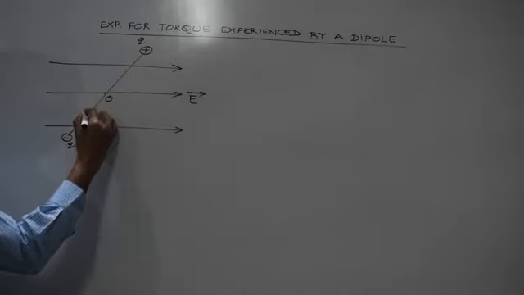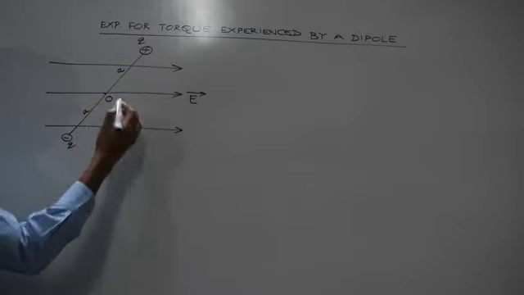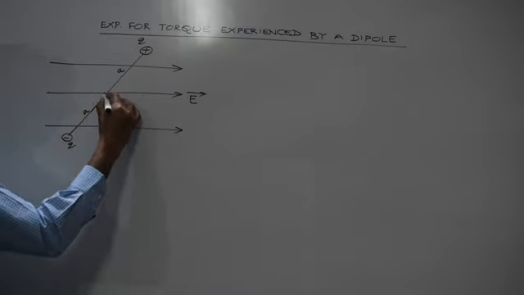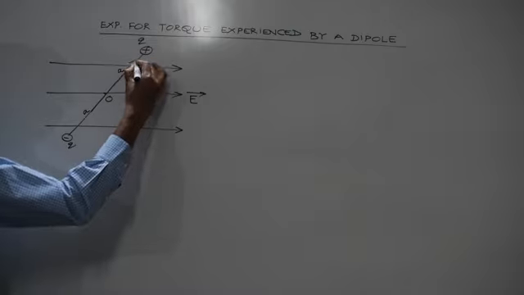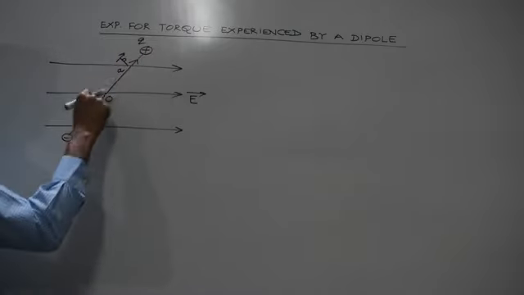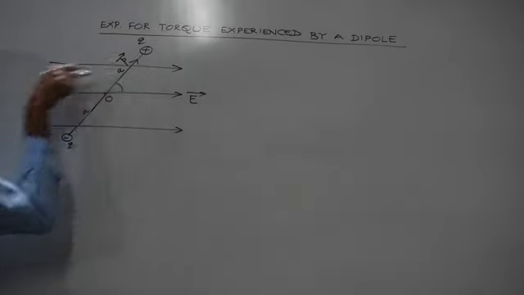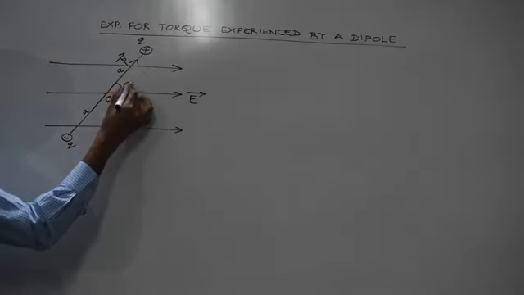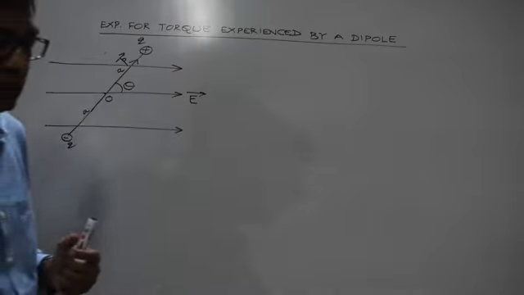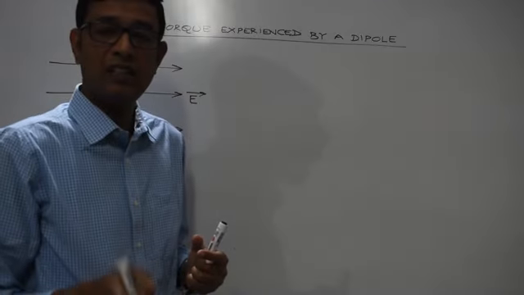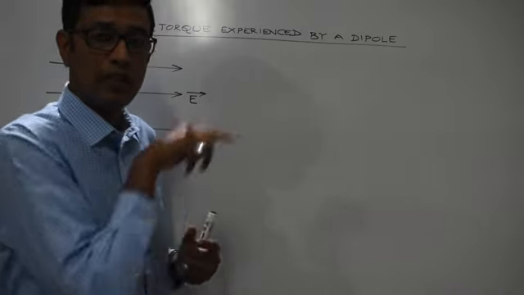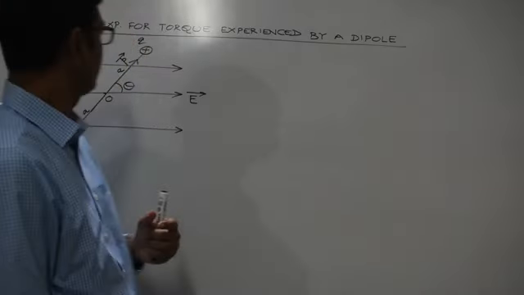This is the center of the dipole, so this is a, this is a. Dipole moment, the vector quantity, you are aware, is directed from negative charge to positive charge. This is p vector, the dipole moment. This is the angle between the dipole moment and the electric field. Let us consider it to be theta. So theta is the angle which the electric dipole moment makes with the electric field, right?